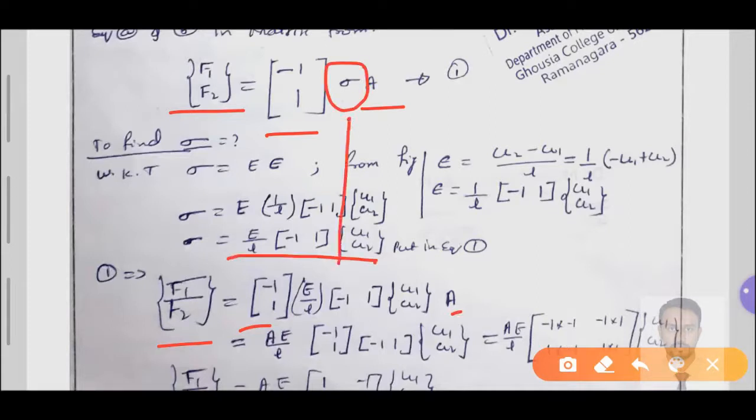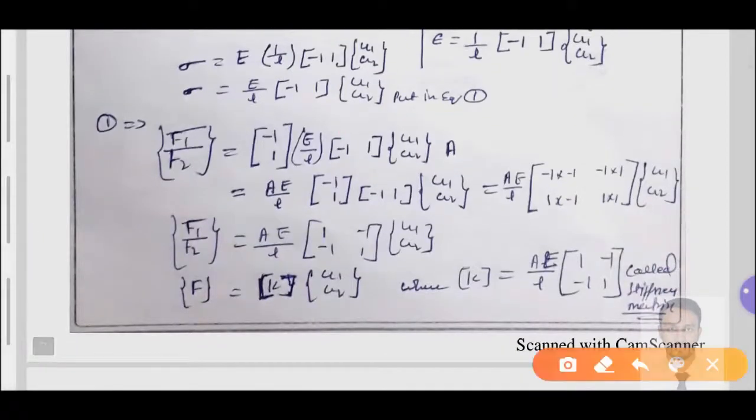This value I have written here, E by L minus 1 1 U1 U2. So this value we have substituted in this equation. Now we will rearrange the right hand side only; nothing changes on the left hand side.